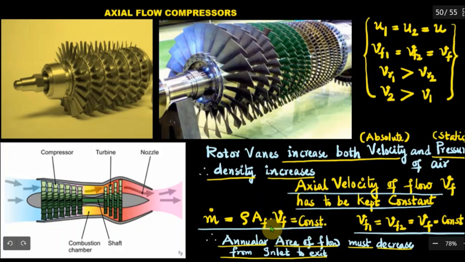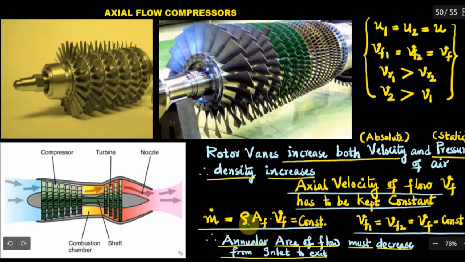What is this axial velocity component? It is the component of absolute velocity of air in the axial direction. So please keep in mind, Vf is in the axial direction. The component of absolute velocity of air in the tangential direction is called the whirl component of velocity, Vw.